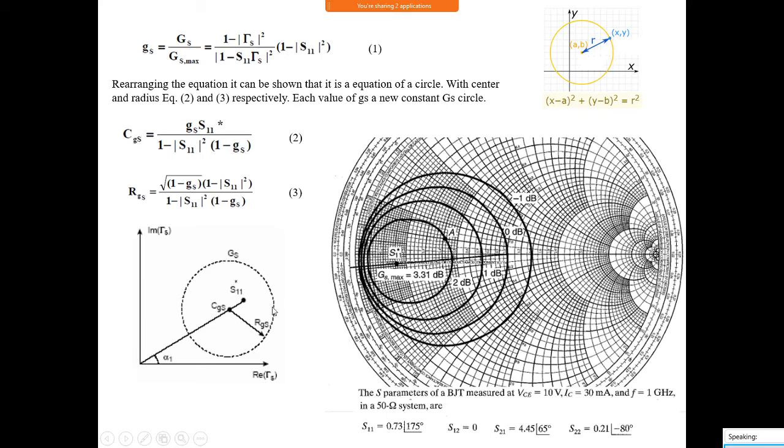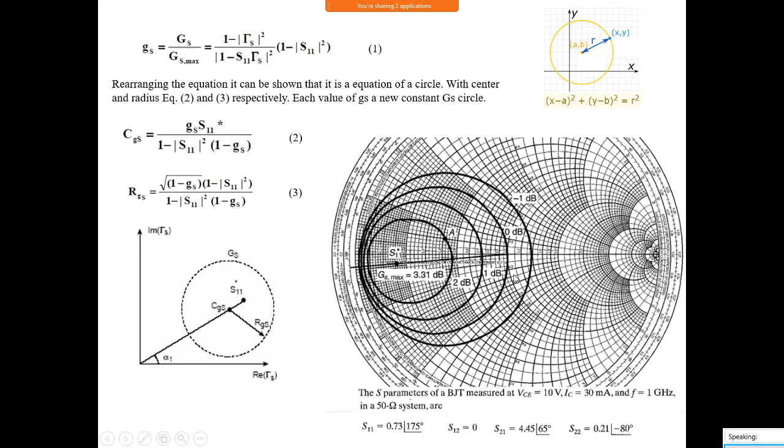Similarly here also, if you rearrange, you will observe this is a circle equation with center (a, b). The center may be anywhere in the coordinate system. Similarly, on the Smith chart, this is our Smith chart.